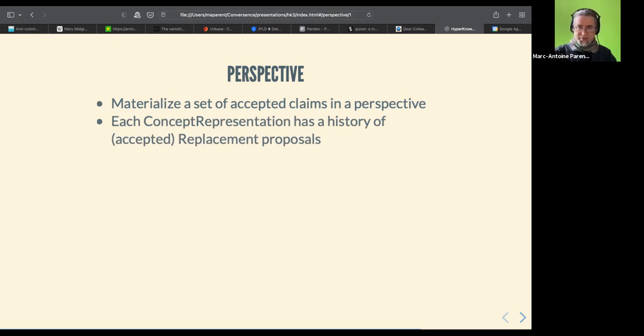And so each concept representation has a history of accepted, if you're talking within a perspective, replacement proposals. A replacement is a claim that this concept representation is more appropriate than this one. It's more precise, it's more this, it's more that.